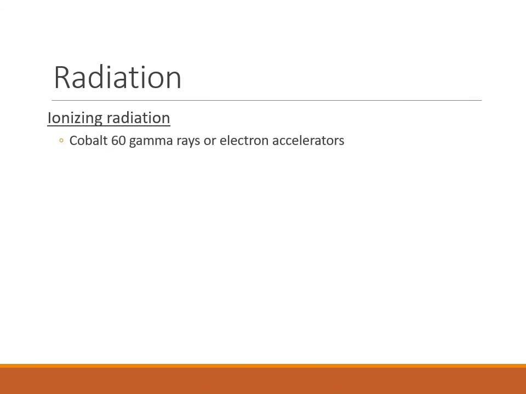And at last, the radiation. There are two types of radiation. One is ionizing and another is non-ionizing. Ionizing radiation includes cobalt 60 gamma rays or electron accelerators. Mostly the mechanism of action is breakage of the DNA. This is how it achieves sterilization.